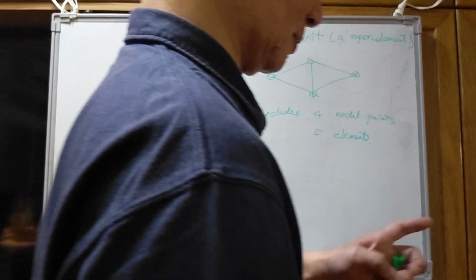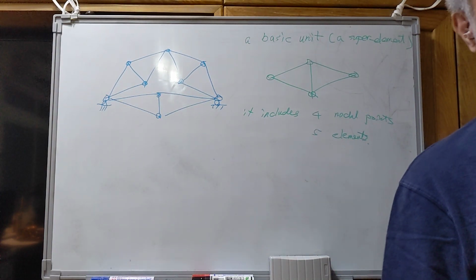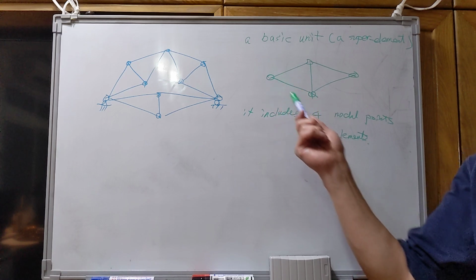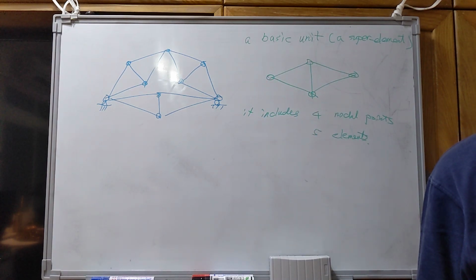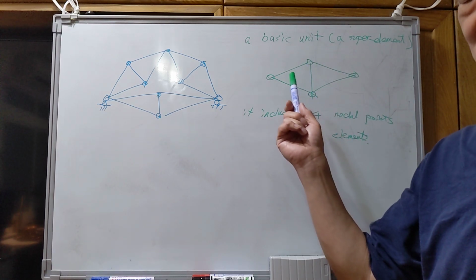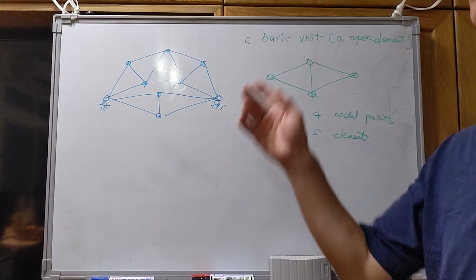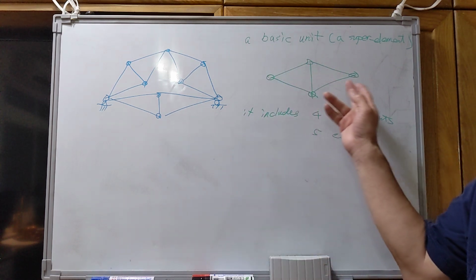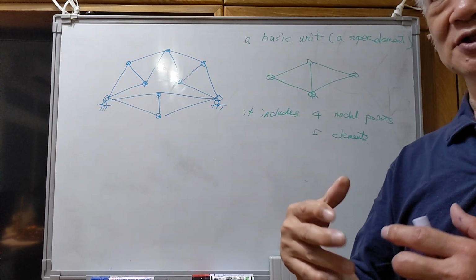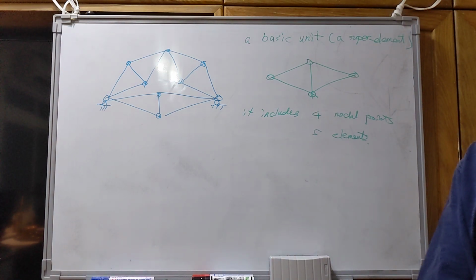When we derive the stiffness matrix for this super element, we will assume there are no member loadings applied to this unit. If you have member loadings for these structures, you can use the principle of superposition.